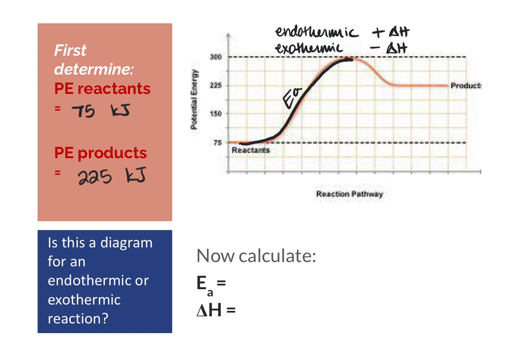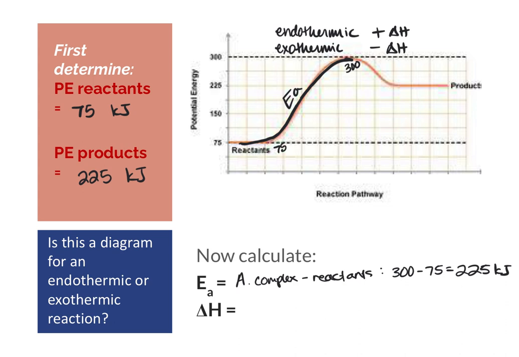How much energy does it take to get up to that activated complex? If our reactants are at 75 and our activated complex is at 300, we're going to take the activated complex energy minus the reactants. In that case, it's going to be 300 minus 75, which is 225 kilojoules. So what that means is I need to put in 225 kilojoules just to get the reaction to start.